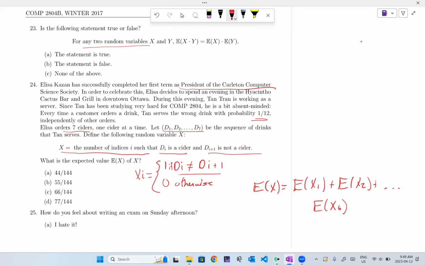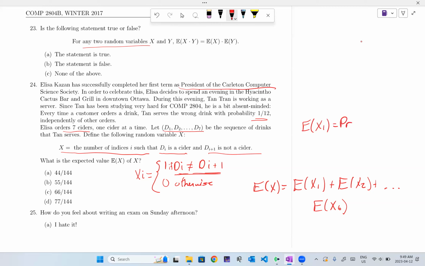We only have 6 indicator random variables because I'm comparing 2 consecutive ones each time. So I can compare 1 and 2, and then 2 and 3, 3 and 4, 4 and 5, 5 and 6, and 6 and 7, and that is 6 total. Okay, so that's one trick: whatever I get for this probability, it's times 6.